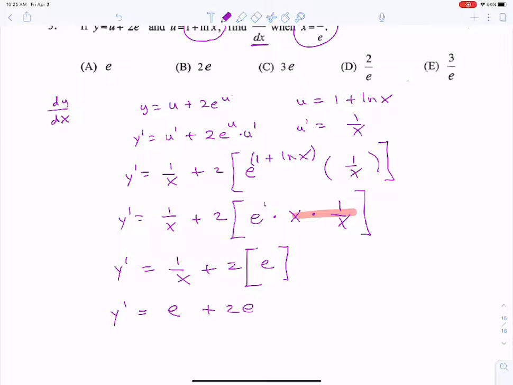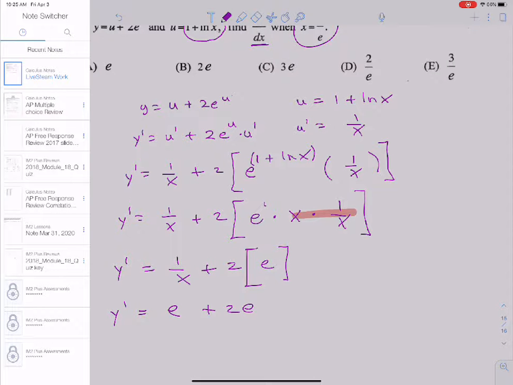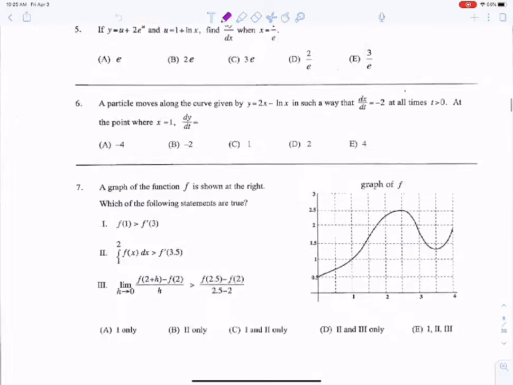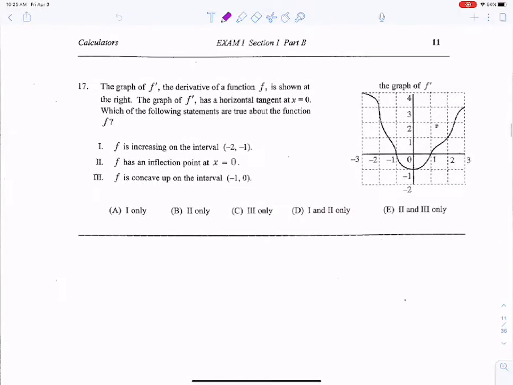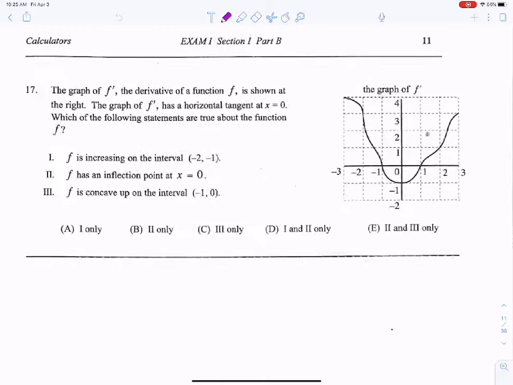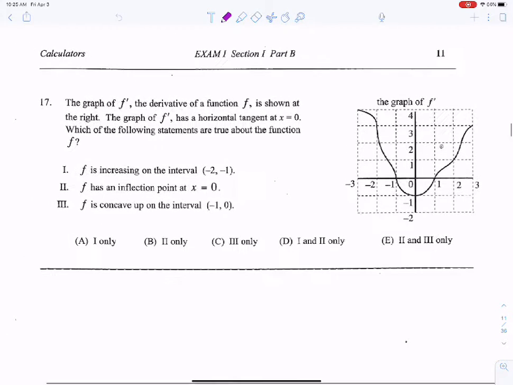Okay, let's look at number 17. Number 17. What do we got? Okay, I don't think I need to copy over this one. So let's see what we can do here. So the graph of f prime, the derivative of the function f, is shown.